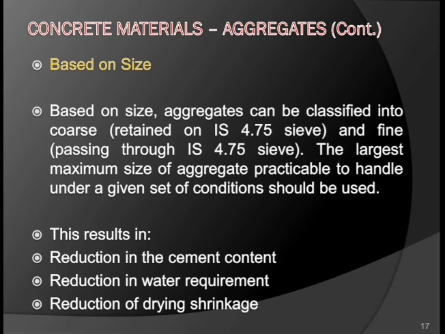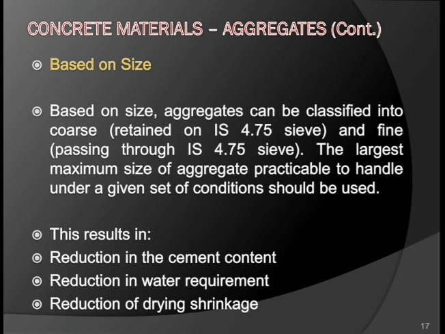Next classification is based on size. The classification is coarse and fine aggregate. Coarse aggregate means the aggregates retained on the 4.75 mm IS sieve. Retained means not passed. And fine aggregate passes through the 4.75 mm sieve. Right? Now, the size of aggregate is very important.